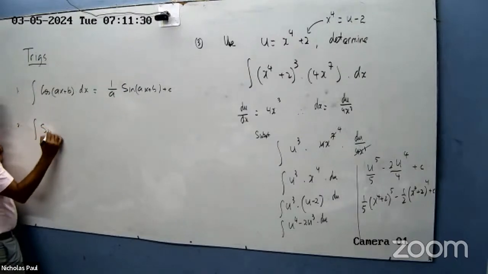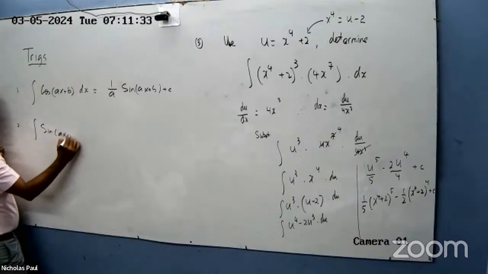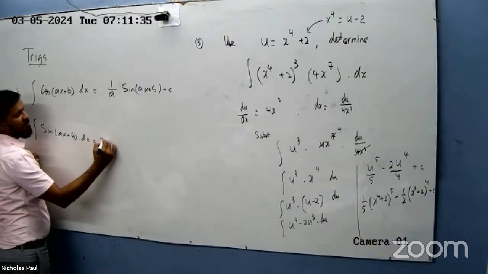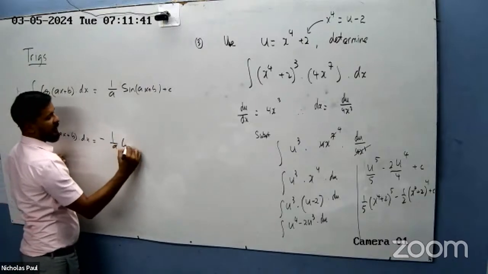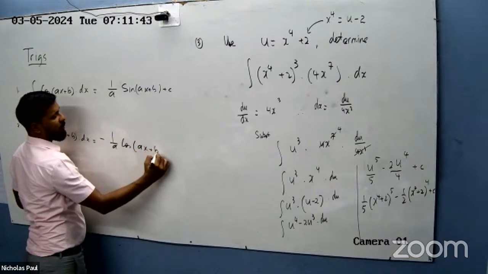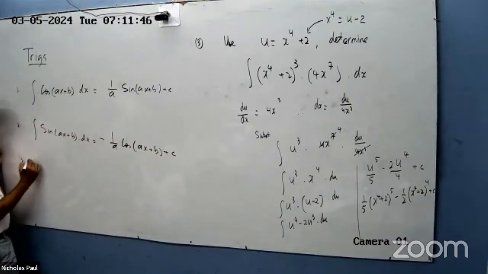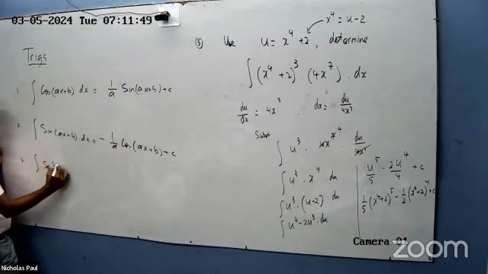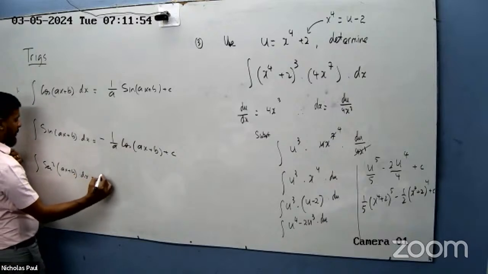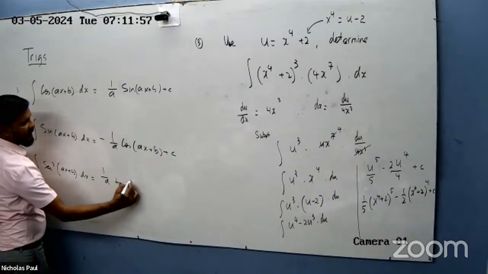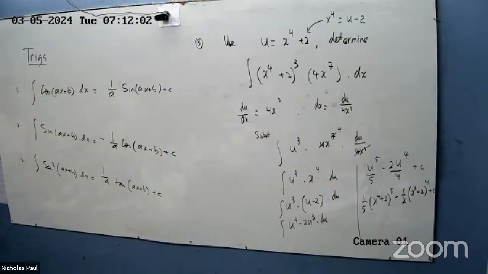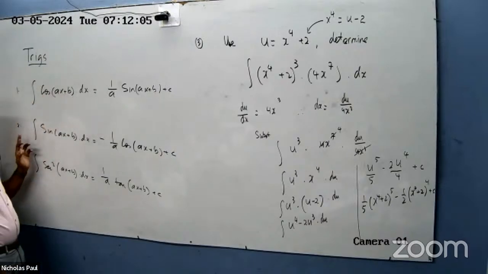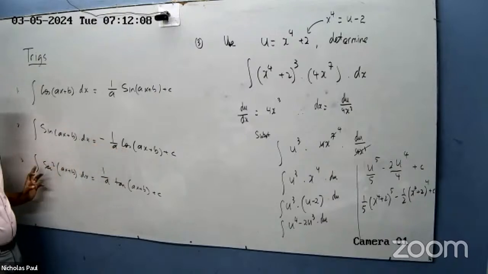The integral of sin(ax+b) is minus 1 on a cos(ax+b) plus c. Next one you have to learn is the integral of sec squared(ax+b), which is equal to 1 on a tan(ax+b). So three basic integrals that you need to remember: the integral of cos gives sine, the integral of sine gives minus cos, the integral of sec squared gives tan.